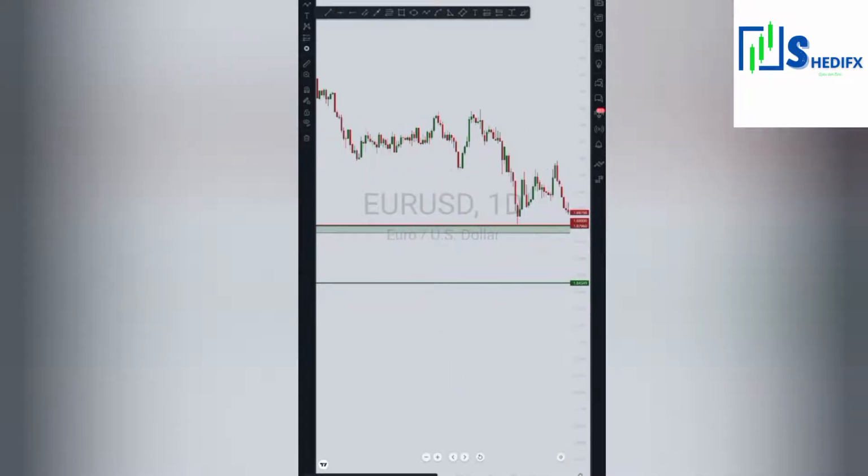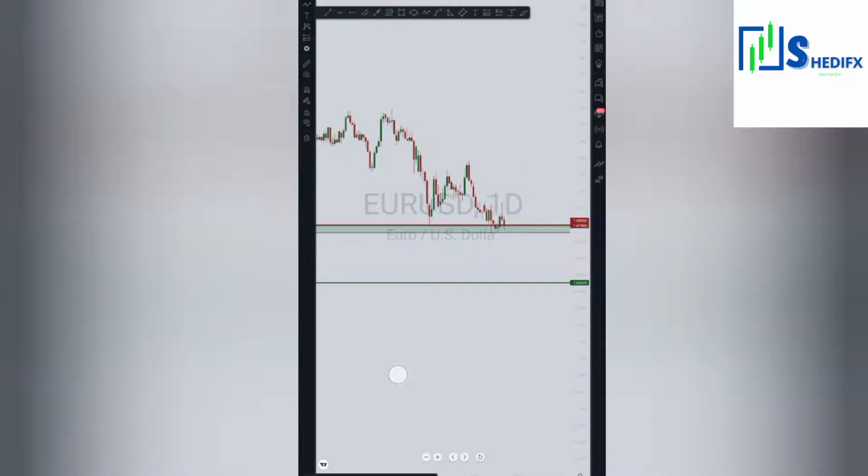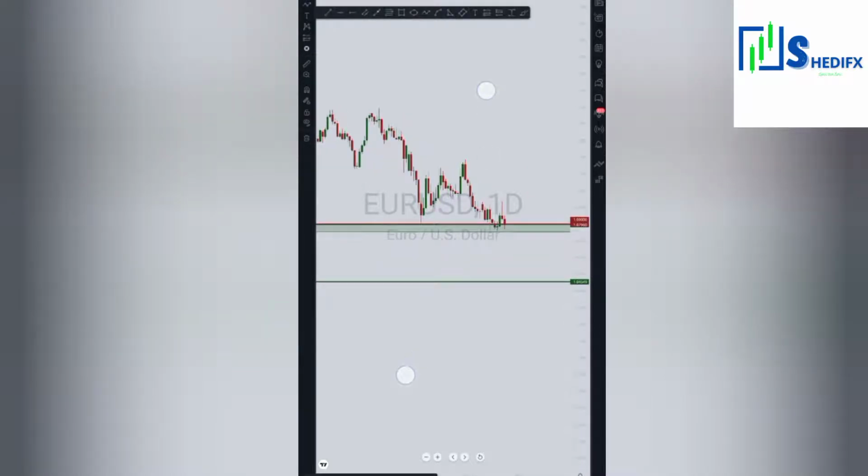Last time we made a lot of pips from EUR/USD. We predicted the market from far and it came back.